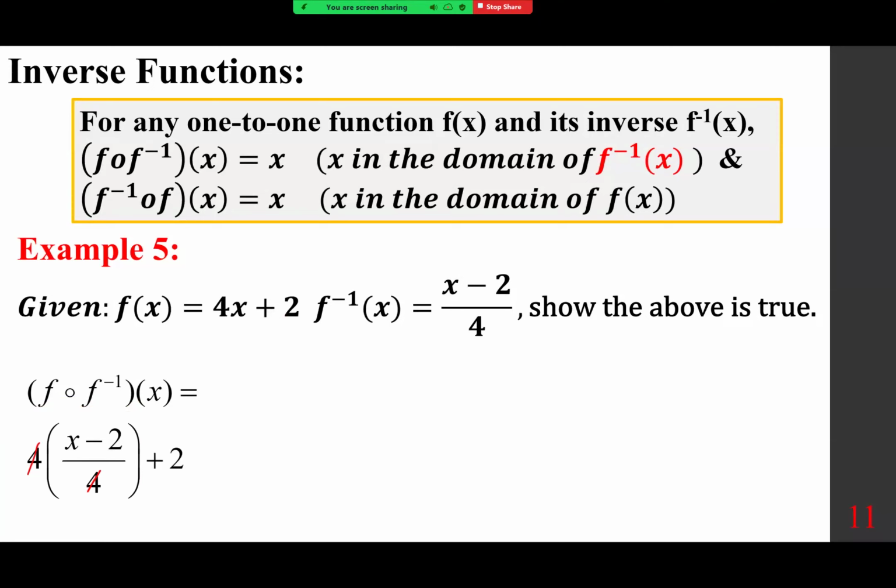These two cancel each other. You get x minus 2 plus 2, which is equal to x. So it shows that, and that takes care of the business.